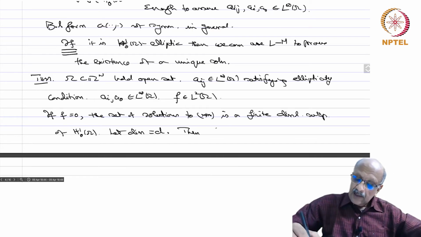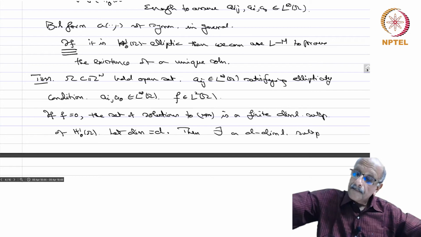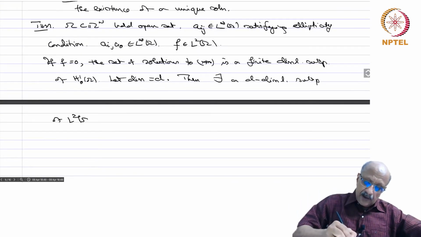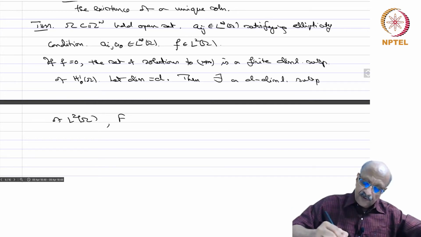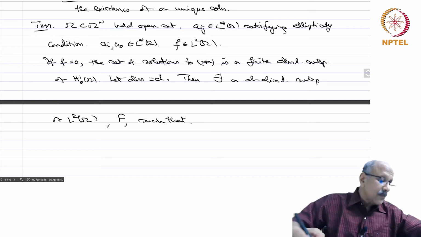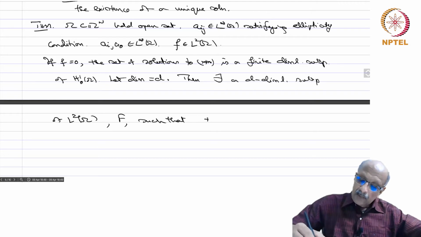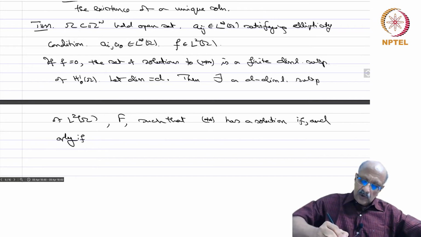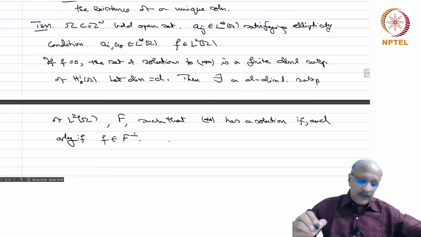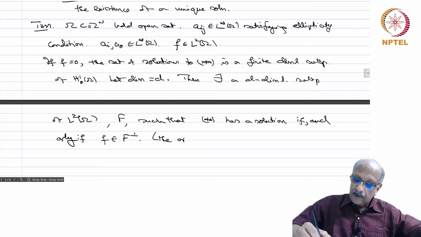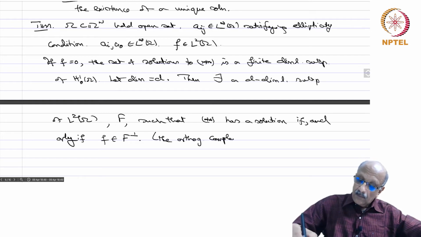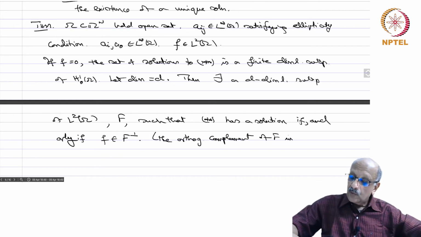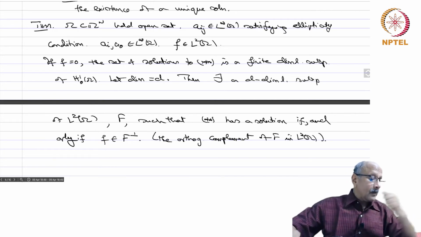Then there exists a d-dimensional subspace of L2 of omega, capital F, such that double star has a solution if and only if f belongs to the orthogonal complement of capital F in L2 of omega.